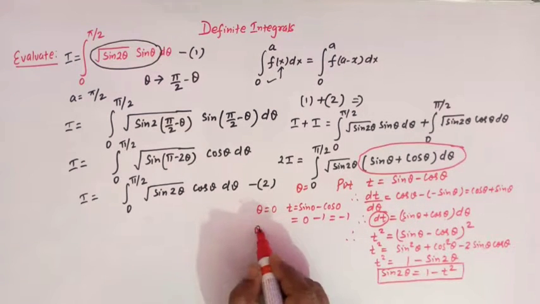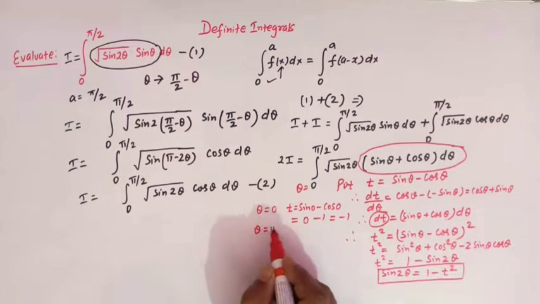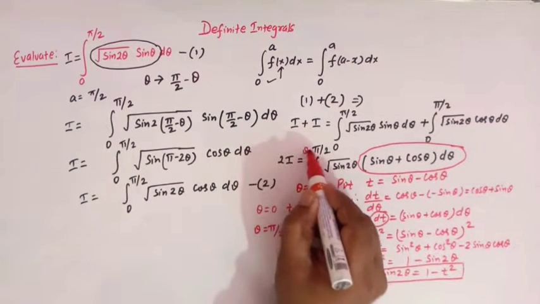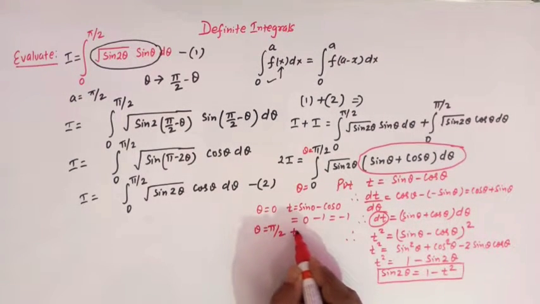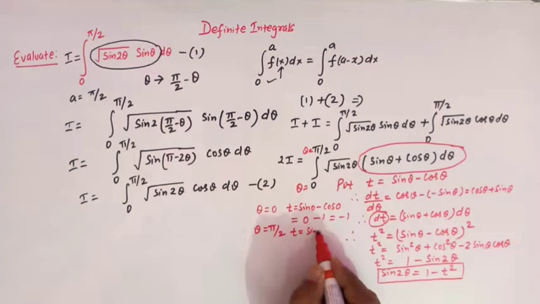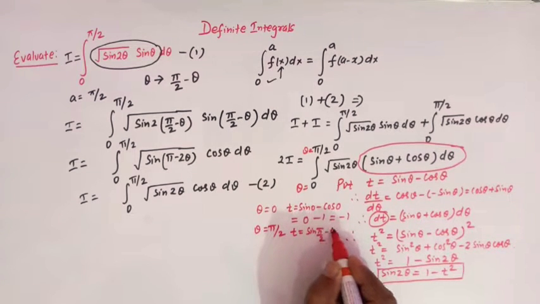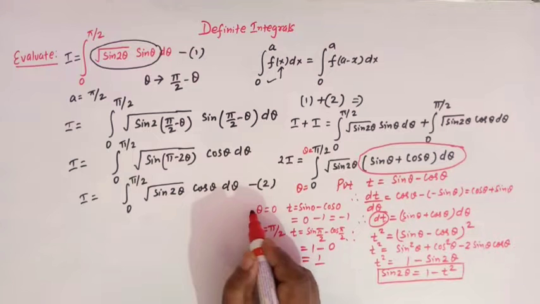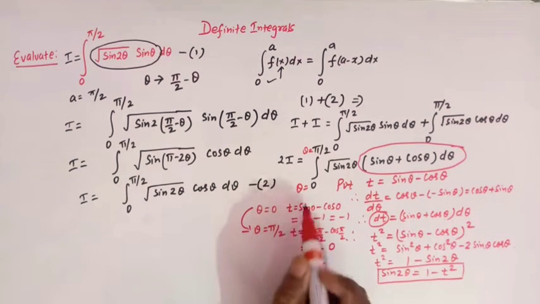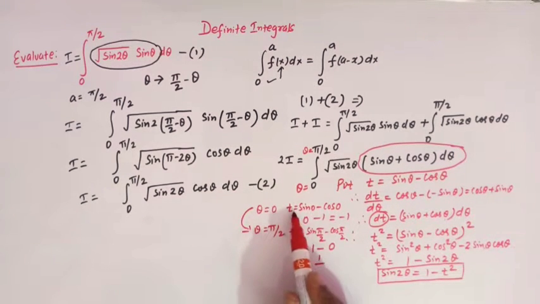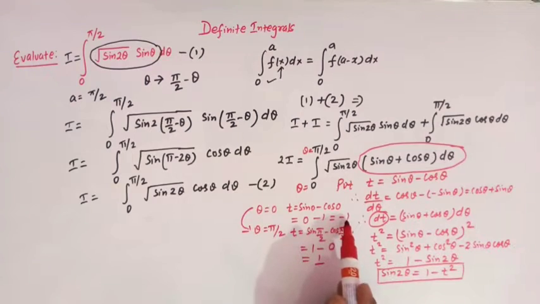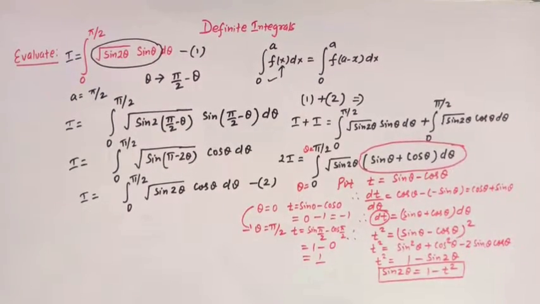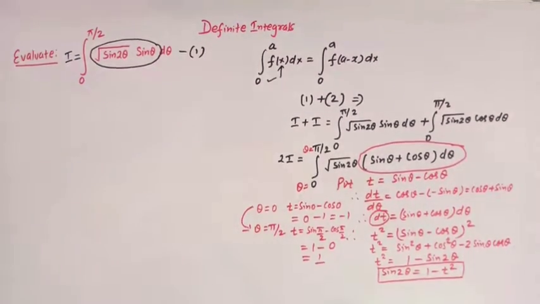And when theta is pi by 2, we have t equal to sine pi by 2 minus cos pi by 2, and sine pi by 2 is 1, cos pi by 2 is 0, so we have 1, right? So when theta varies from 0 to pi by 2, then t varies from minus 1 to 1, right?